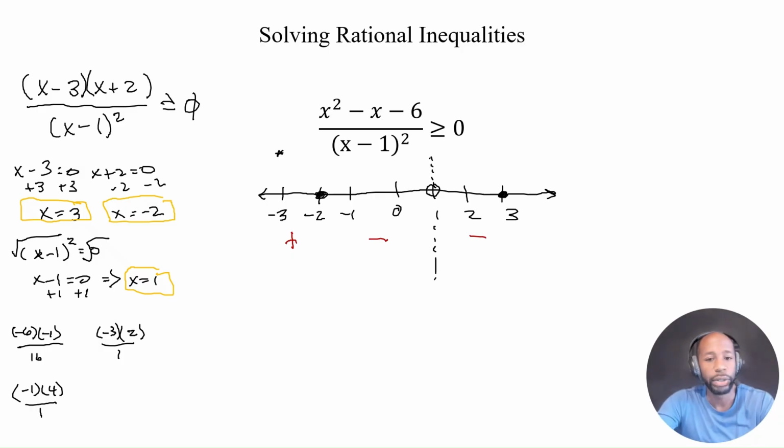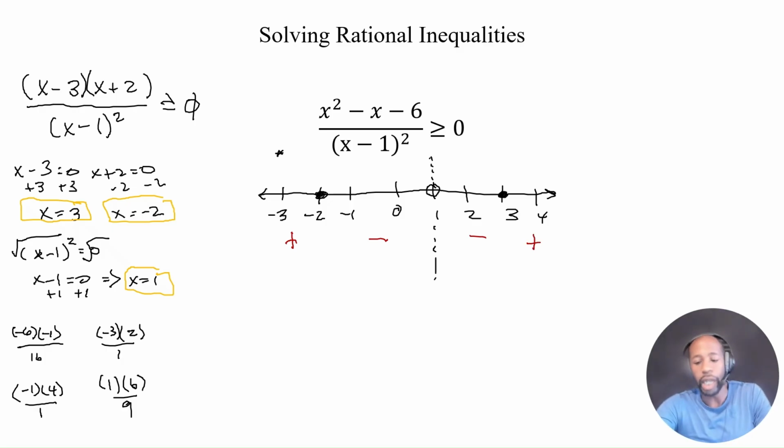And finally, on this side of 3, we'll test 4. 4 minus 3 is 1. 4 plus 2 is 6. 4 minus 1 is 3 squared is 9. Okay, so that's definitely positive on that side.